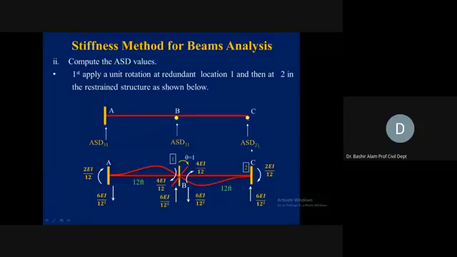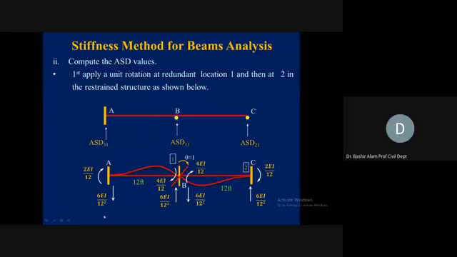Coming to ASD21, which corresponds to AS2, we have plus 6EI over L square. And ASD31 is minus 6EI over L square. So 0, 6EI over L square, minus 6EI over L square. This will complete the first column of the ASD matrix.